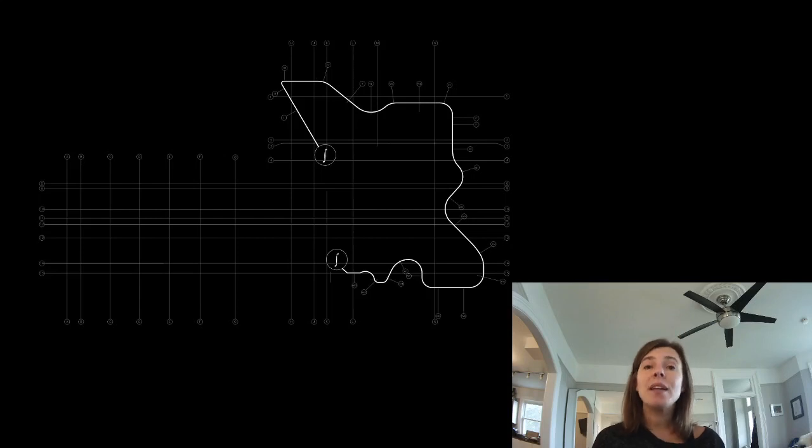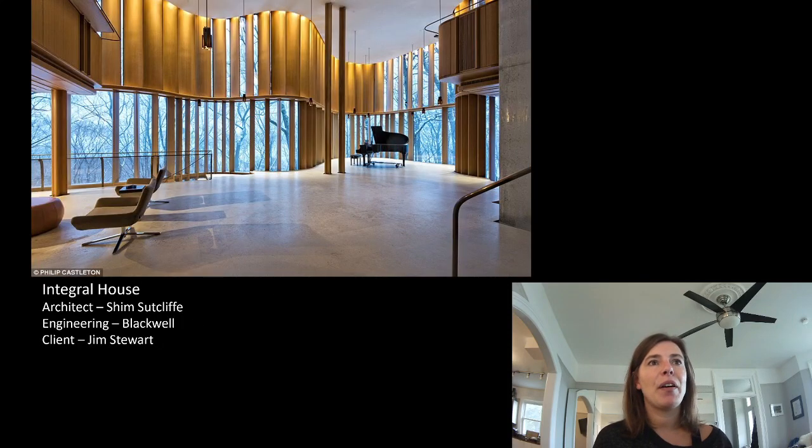In fact, if anyone is a Star Trek nerd, like myself, in Star Trek Discovery, the home that the main character grew up in with Spock, they actually used the Integral House to film in. So go back, watch that. You'll see images that look very much like this.